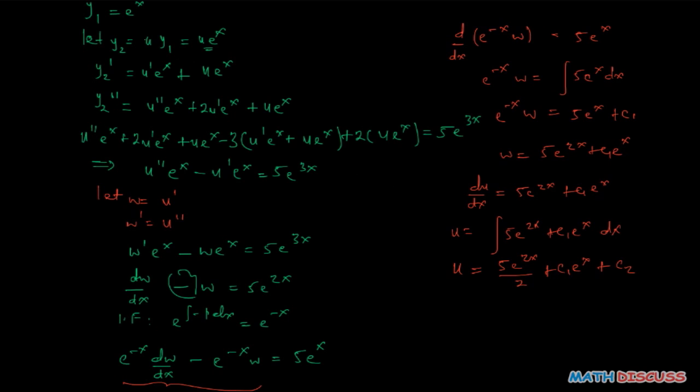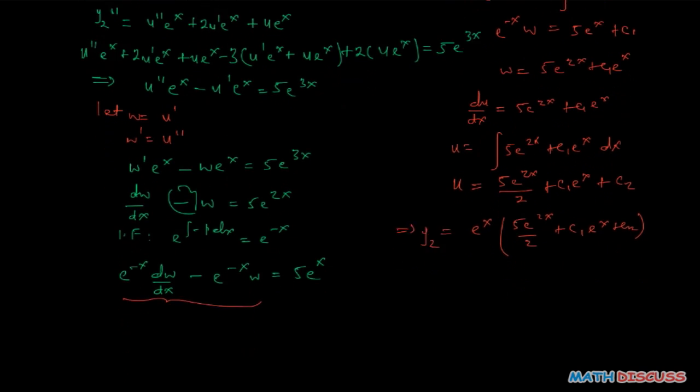But then we have that our y2 equals u times e to the power x. So that implies our y2 equals u, and our u is this, times e to the power x. So that's e to the power x times 5e to the power 2x all over 2 plus c1 e to the power x plus c2.